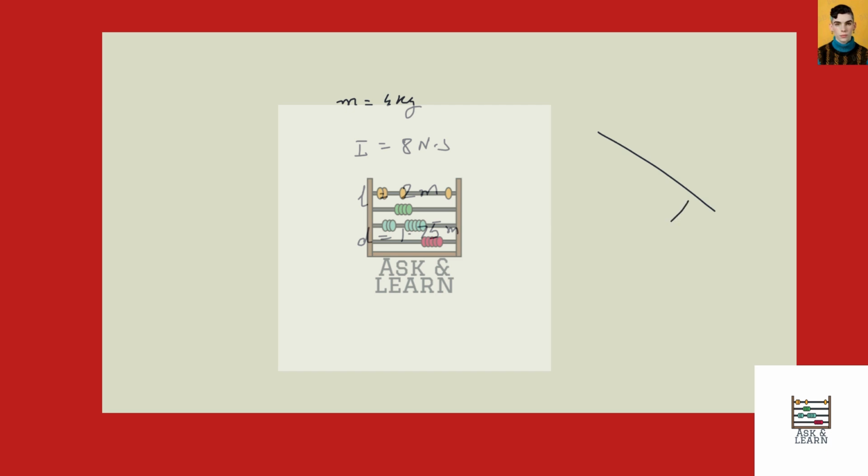So here we have the rod and here we have the point A. This is D and this is L. The angle of impulse is theta equal to 60 degrees with the axis of the rod. So this is the impulse F, let's say. This is 60 degrees. So these are the given parameters.